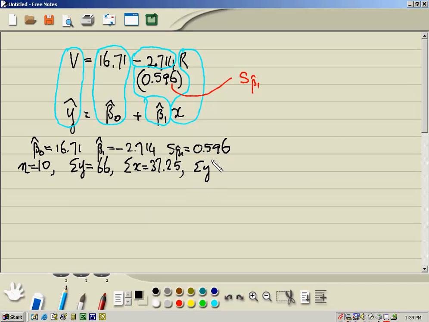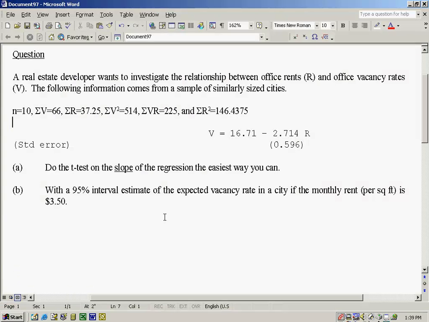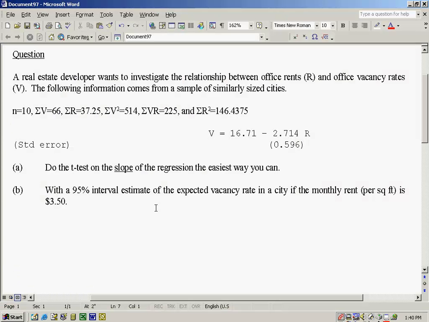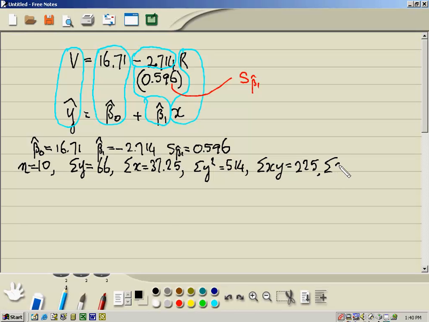That's sigma Y squared is 514. Sigma VR is 225. That's sigma YX, or sigma XY, is 225. And finally that sigma R squared is 146.4375. That's sigma X squared is 146.4375.